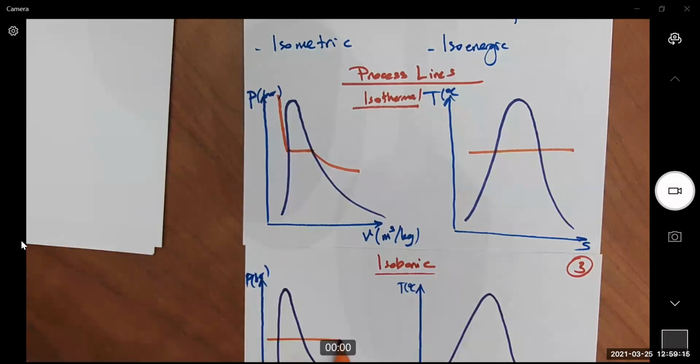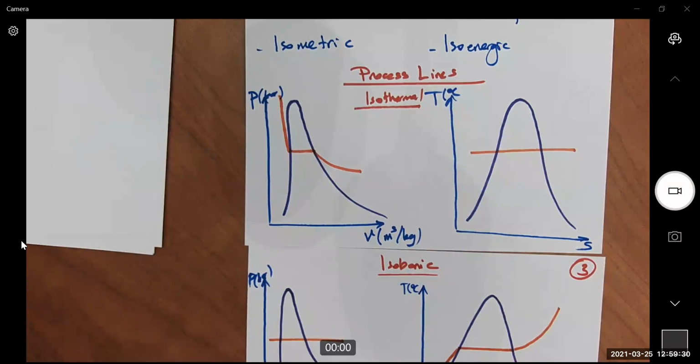For an isobaric process, it is a straight line, the pressure is constant. It looks like an up or down slope on a TS diagram, through the compressed liquid region, wet vapor, and superheated. These are both isobaric processes, one on a PV diagram, the other on a TS diagram. Careful, this is not a TV, it is TS. And we also have TV.